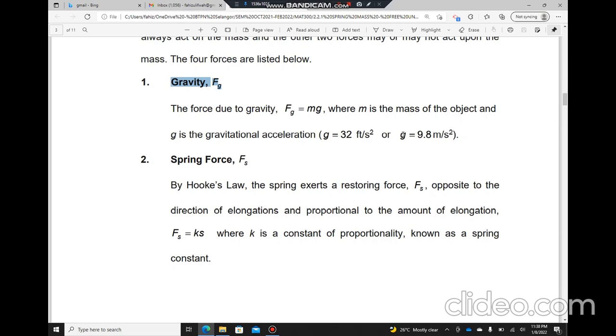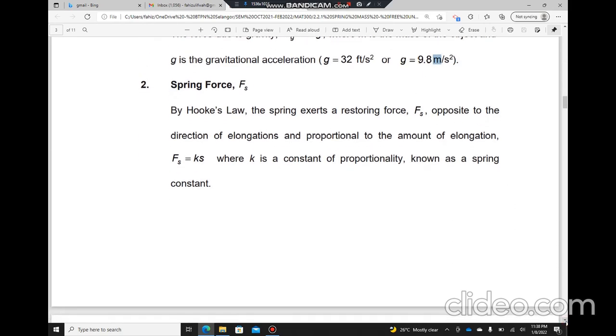Why is the value different, 32 or 9.8? It depends on the unit. If the unit in the question uses feet, you use 32 for gravity. If the unit in the problem is meters, you use 9.8 for gravity.